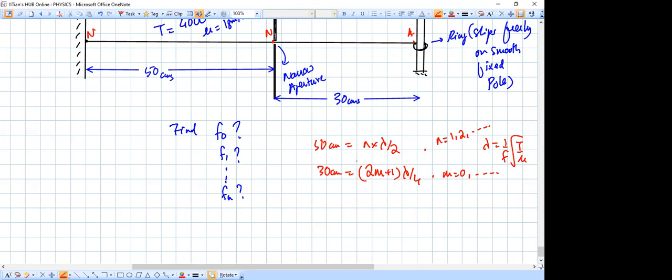So let's solve this equation. Lambda is equal to 100 centimeters divided by n, according to this, and according to that it has to be 120 centimeters divided by an odd number.